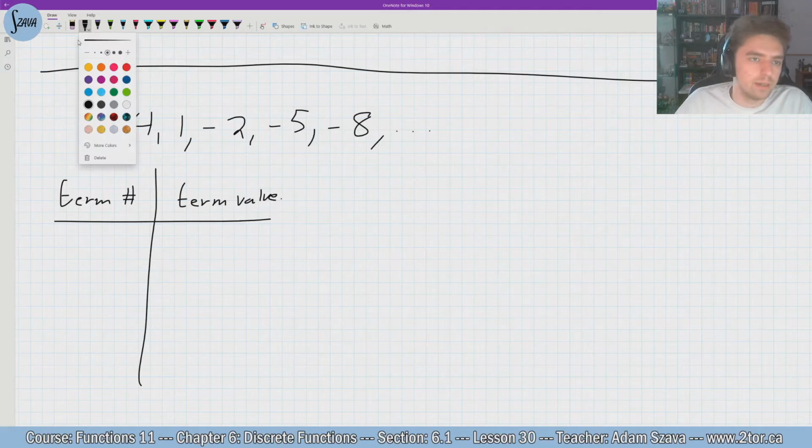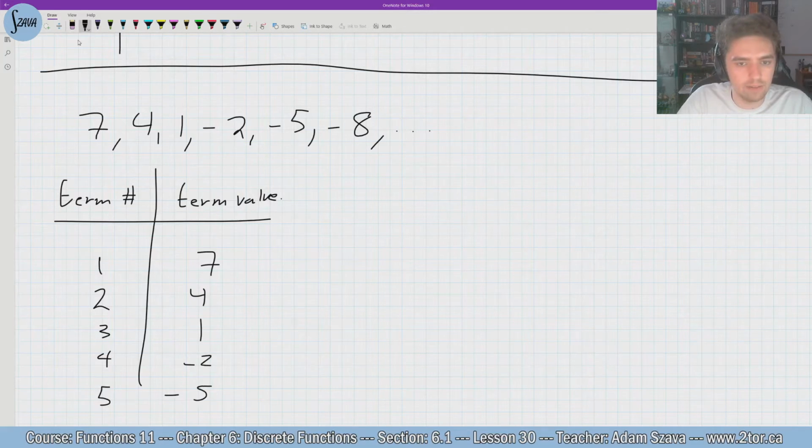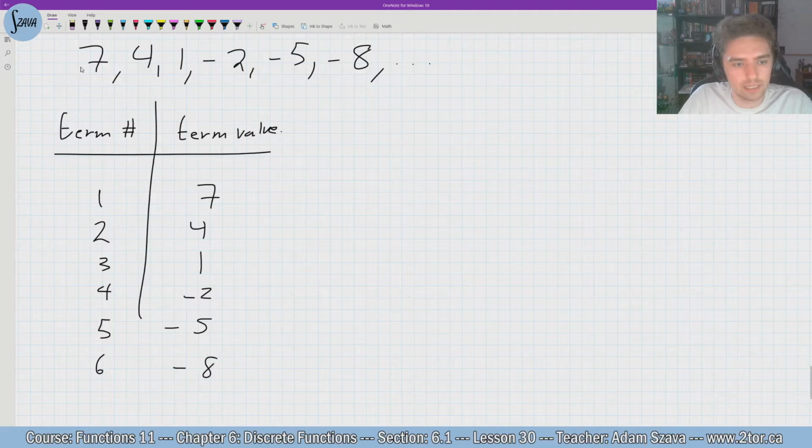So term number 1 is 7. Term number 2 is 4. Term number 3 is 1. Term number 4 is negative 2. Term number 5 is negative 5. And term number 6 is negative 8.